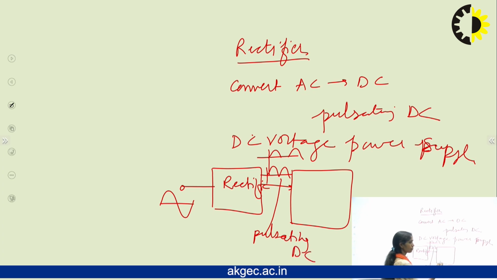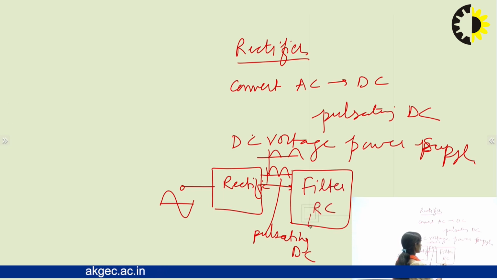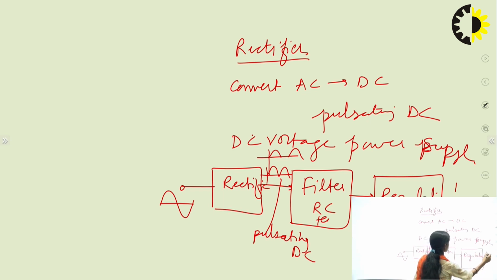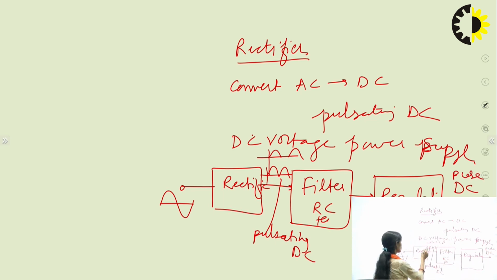To convert this into purely DC signal, we first connect the filter. We can connect RC filter circuits here, and after this we connect the regulator circuit. So after this we get the pure DC. This is the pure DC output. So in this way we have to focus on the rectifier part, that how the rectifier works.